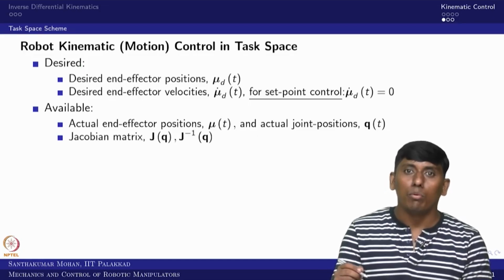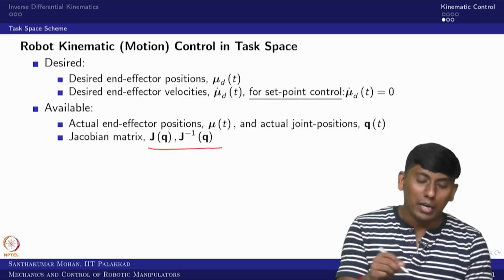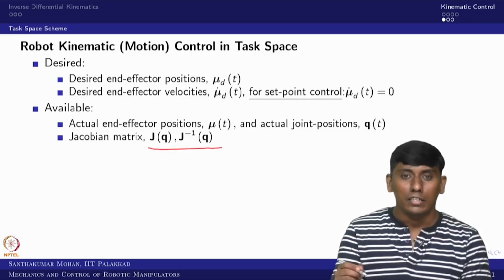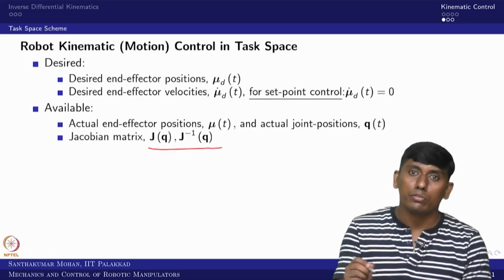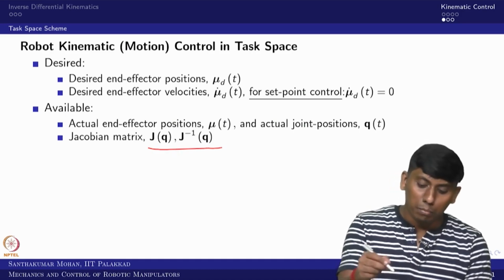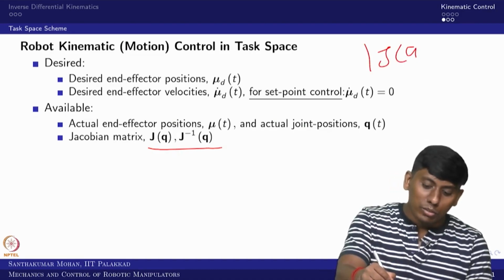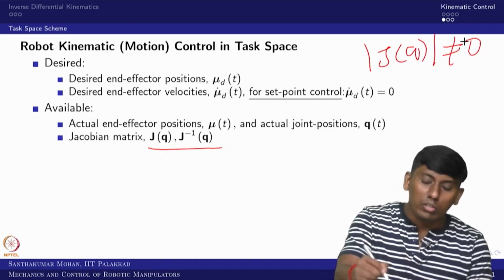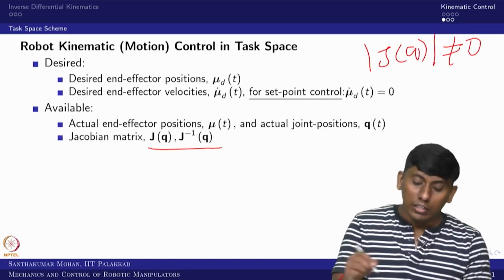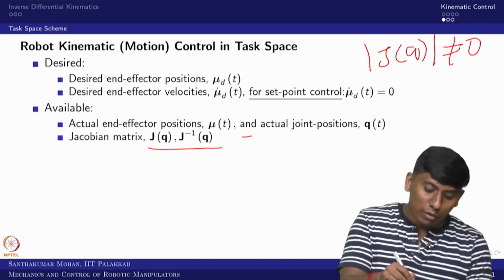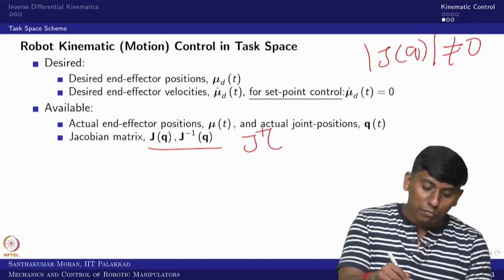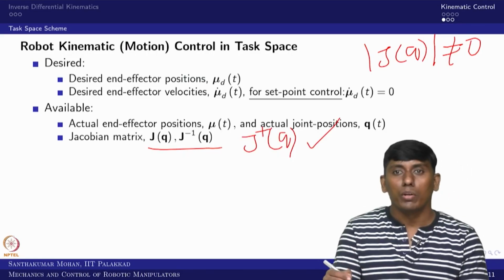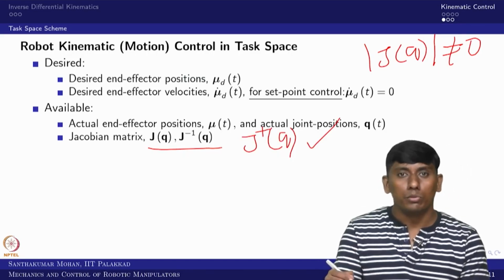In that case, the Jacobian matrix is necessary here. The Jacobian and the Jacobian inverse must exist, in the sense that the determinant is non-zero, or if it is rectangular, then J plus of Q, the pseudo inverse, is supposed to exist.